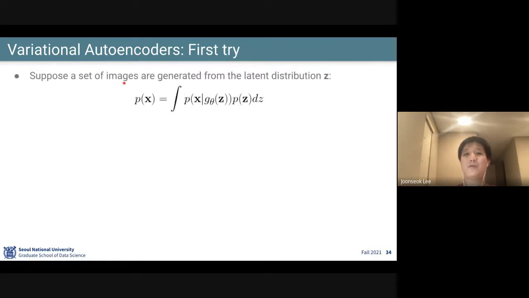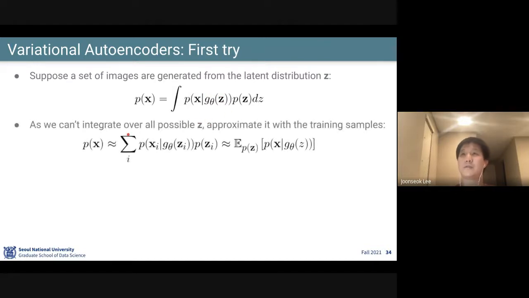Suppose a set of images are generated from some latent distribution Z, which is our assumption, which means our distribution is an integration over all the possible Z's, all the possible latent vectors of our generator. But that's not possible, right?